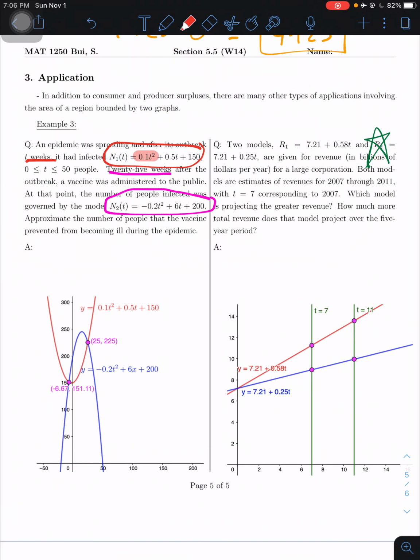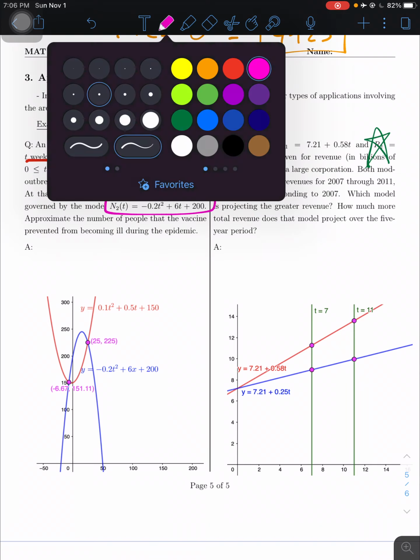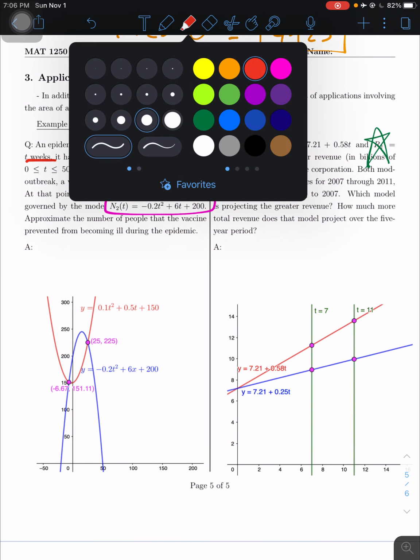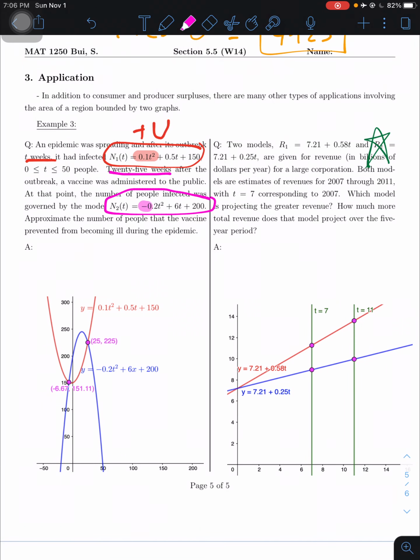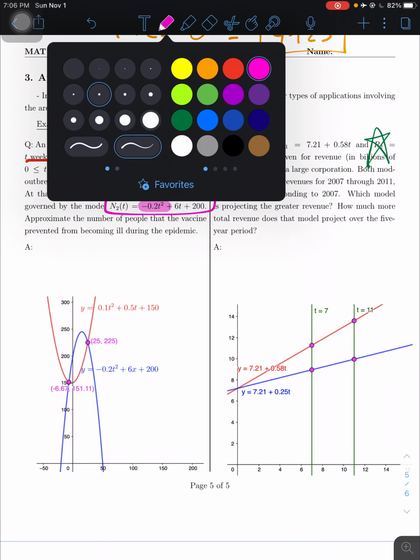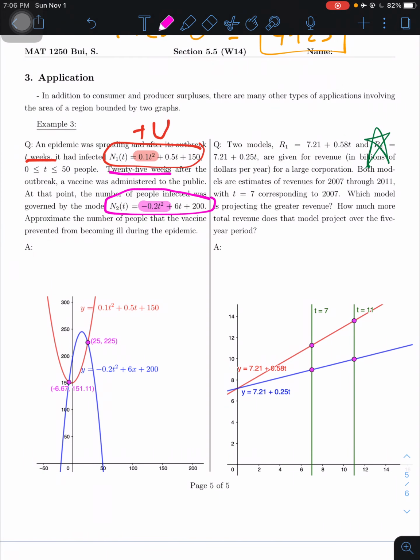That means that your parabola is going to be upward like that. And for the pink function, if you notice, the front number in here is negative 0.2. So that means that your parabola is going to be a downward parabola, right?